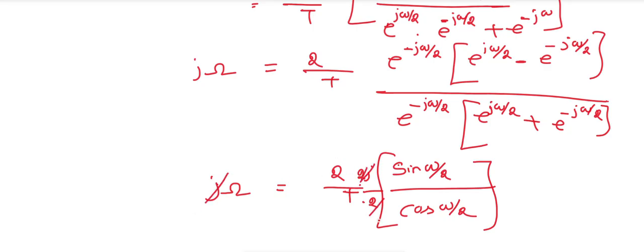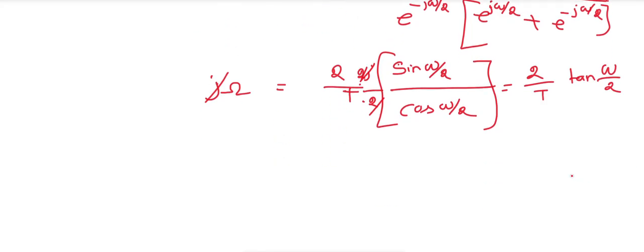So with 2j in the numerator and 2 in the denominator, the j and j will be cancelled, the 2 will be cancelled. So we'll get only 2 by T tan omega by 2. So omega is equal to 2 by T tan omega by 2.